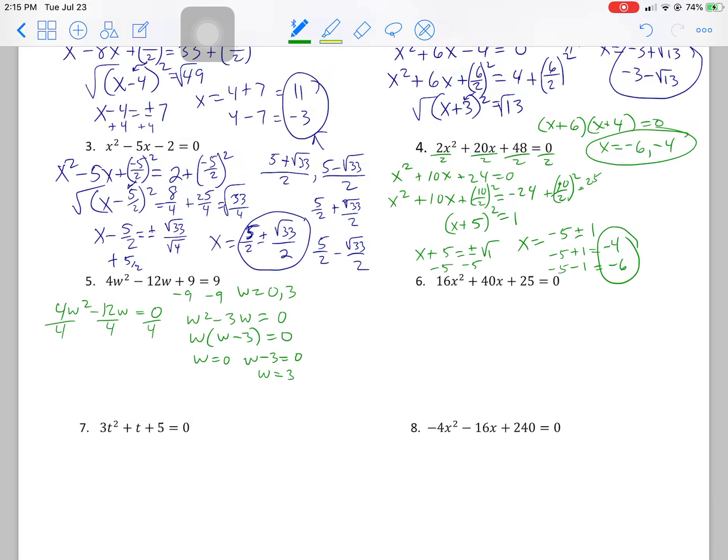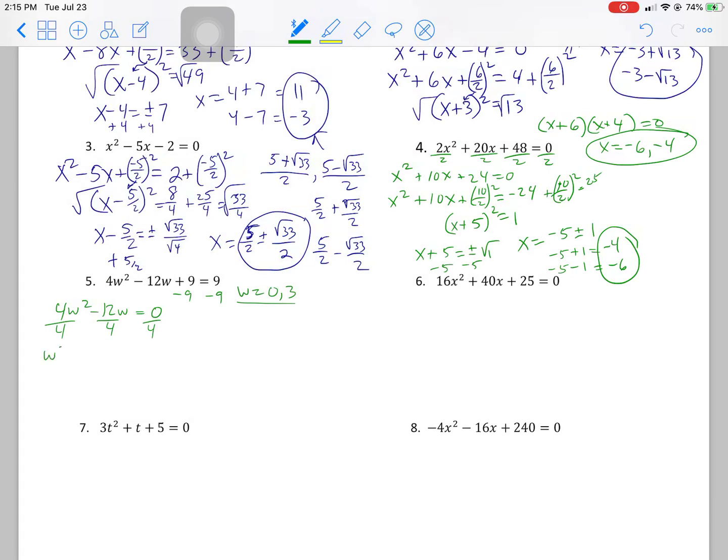But you can use the completing the square property for this. So, sorry, I'm going to take this away for a minute. I'm going to hang on to my answer just to double check doing it the other way.